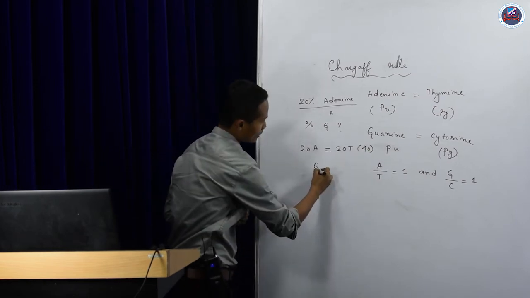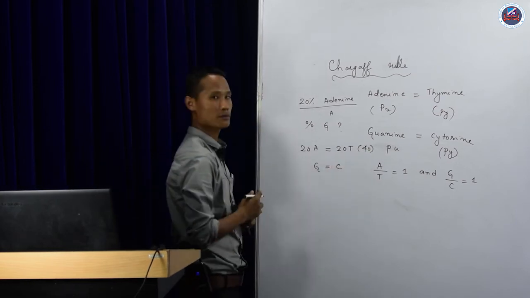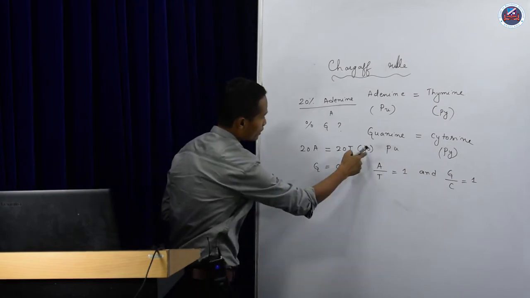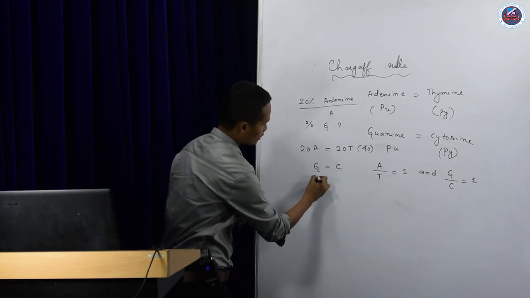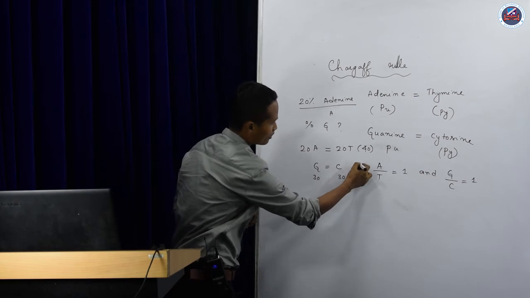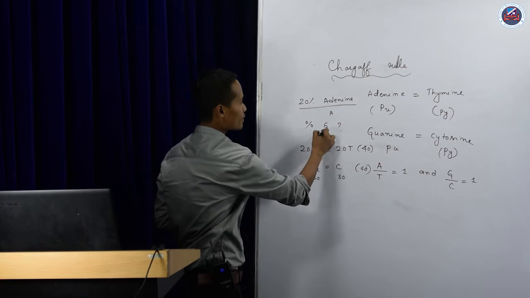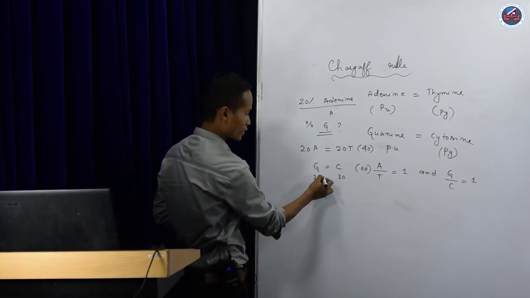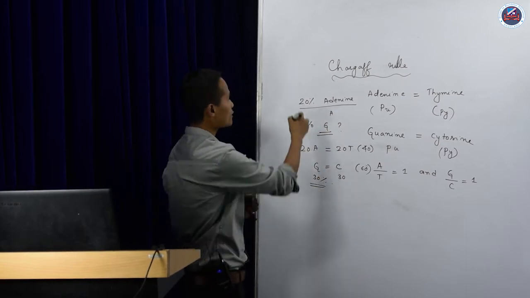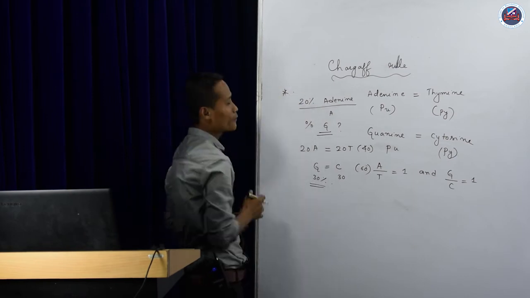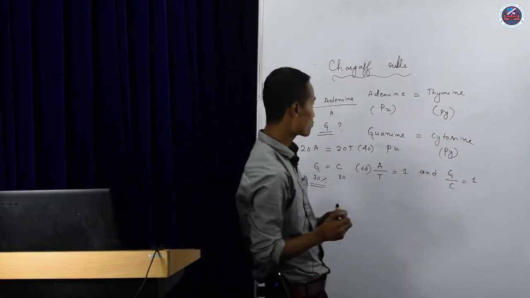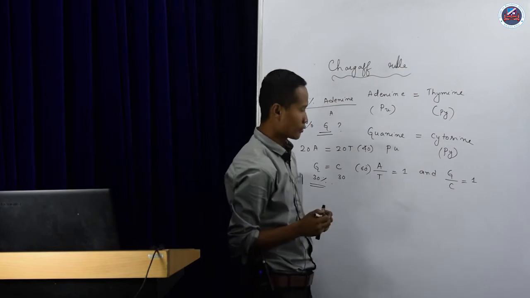If there is guanine, there must be cytosine. The remaining is 60, so 30 and 30. So the percentage of guanine here will be 30%. These small questions are asked in competitive examinations, based on Chargaff's rule.